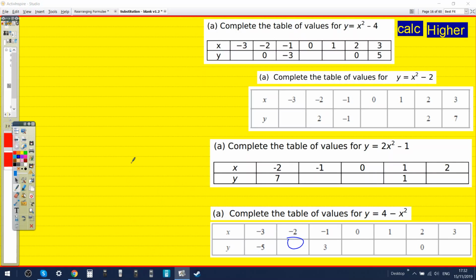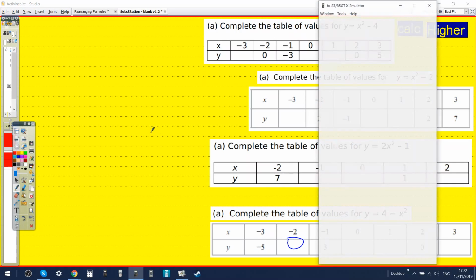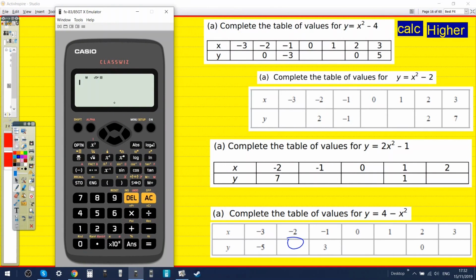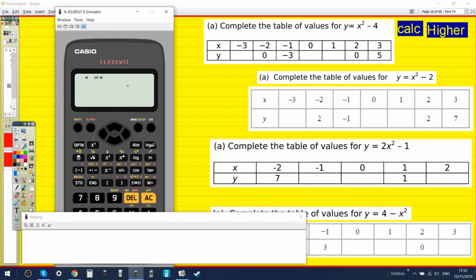Yes, and because it's a calculator paper, do you know how to make a table of values with your calculator? No. I think you taught me this, but I forgot. That's alright. So it is menu, and then you go to table. So that's number 3. So you put in the formula.